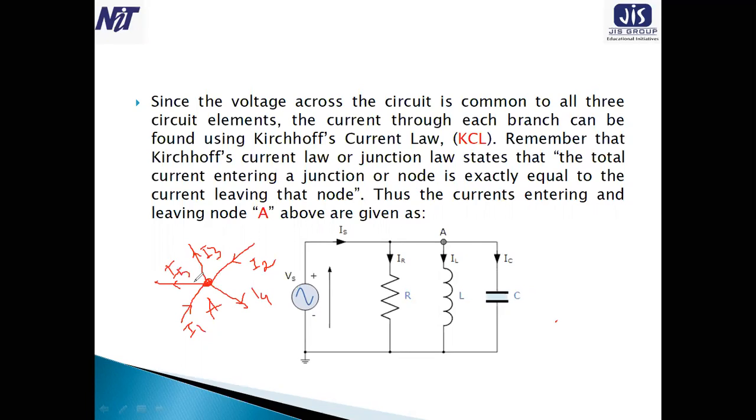So how many incoming and outgoing currents are there in this node A? Look, two incoming currents, that is I1 and I2, and I3, I4, I5 are the outgoing currents.